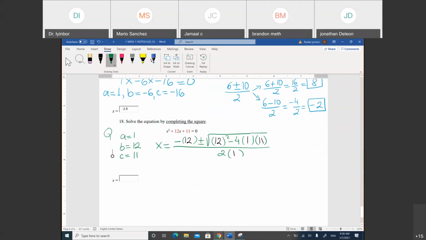So we have negative 12, because it's only one negative, so it's going to stay negative 12, plus or minus. We need to do the square root, everything over 2, because 2 times 1 is 2. So let's do the square root.